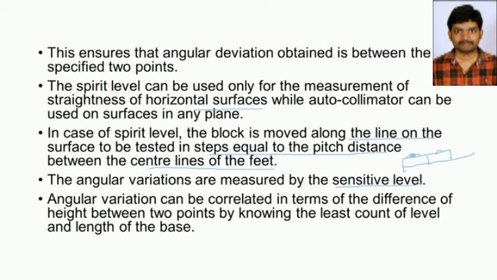Again the bubble reading should be noted. So this bubble reading in the spirit level will change when the straightness changes. So angular variations can be correlated in terms of difference of height between the 2 points by knowing the least count of the level and length of the base.